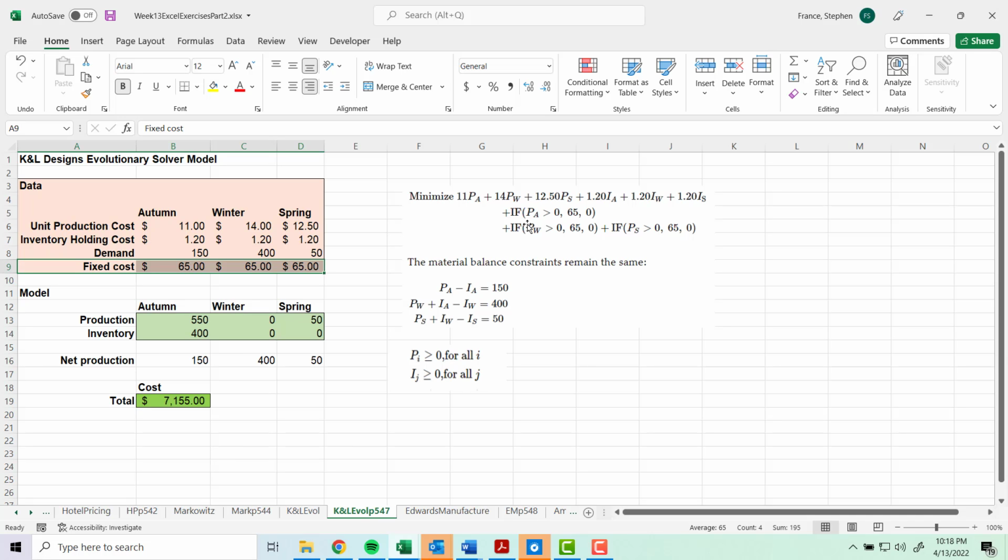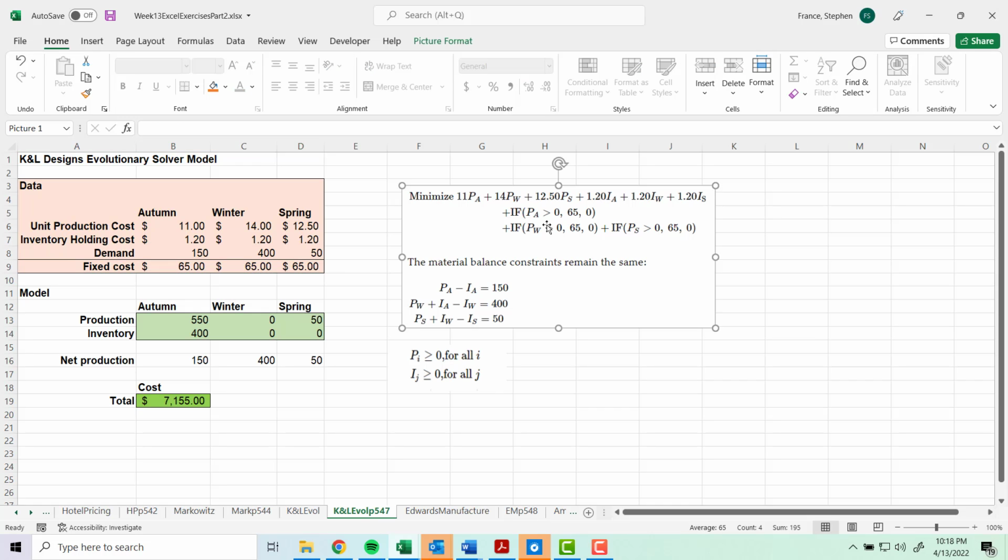Now, there are ways of maybe modeling these in a slightly more sophisticated fashion, but if we want something easily understandable to our clients, we might just say, okay, if our production is greater than 0, we have this charge of 65 for each of these periods of production.